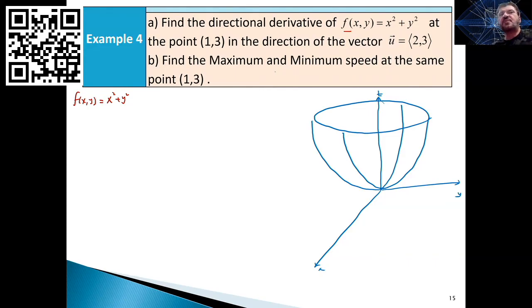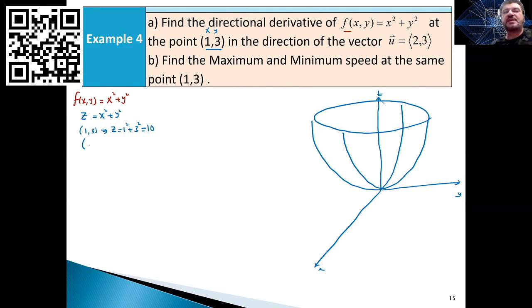Now, he wants to find all of this at the point 1 and 3. So this is x and y. Here, z is equal to x squared plus y squared. So if I take x to be 1 and y to be 3, then at the point 1 and 3, this implies that z is equal to what? 1 squared plus 3 squared, and this is 10.